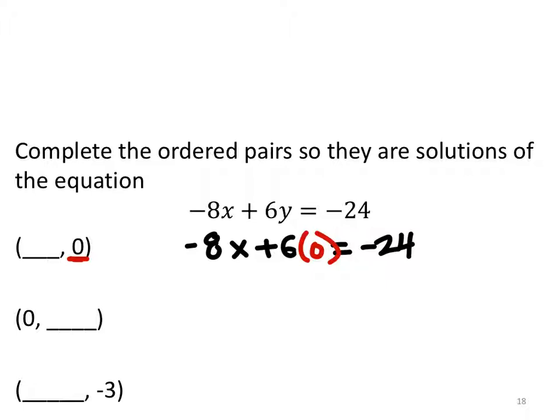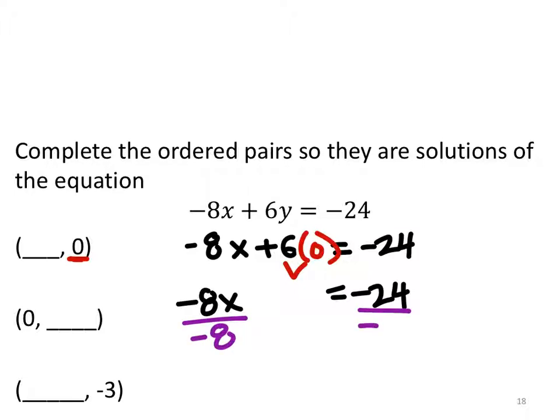Now the nice thing about this is anything multiplied by 0 is 0. Well, we don't really need to show plus 0 on this. So I've really got negative 8x equals negative 24. And we're not dealing with this inequality stuff anymore, so when I divide both sides by a negative, I don't have to worry about flipping anything. But I got x is 3.